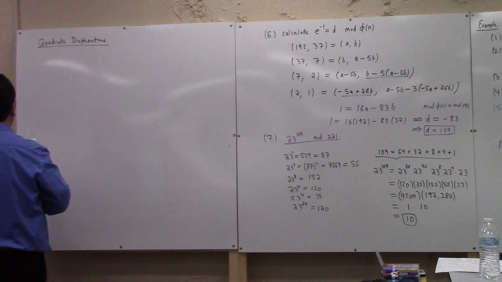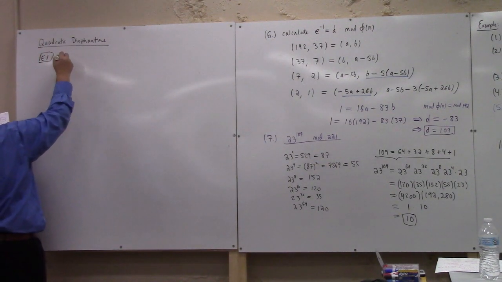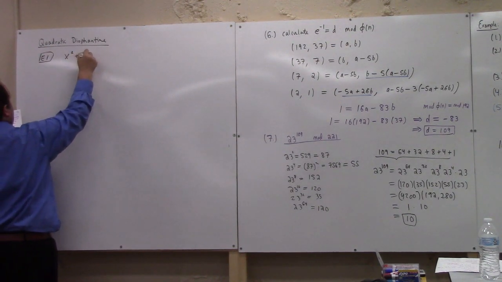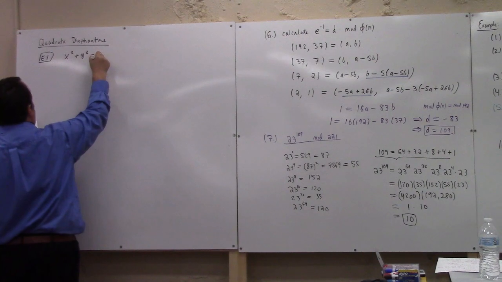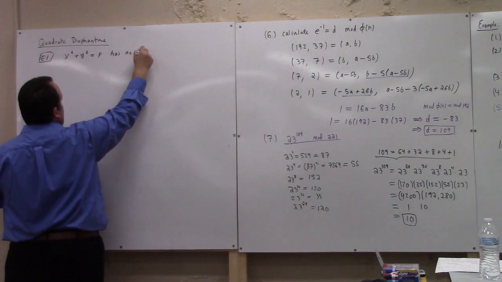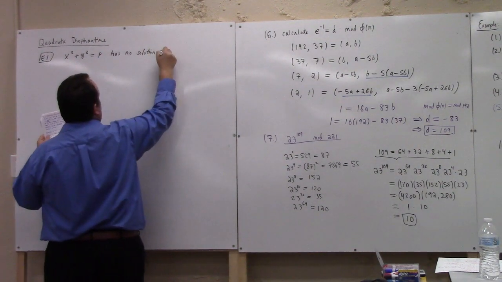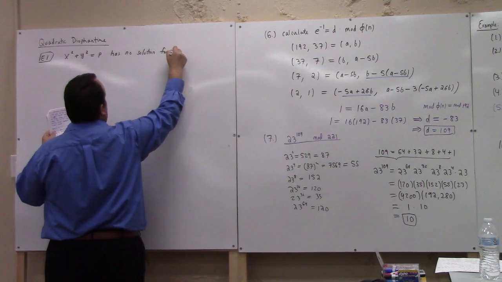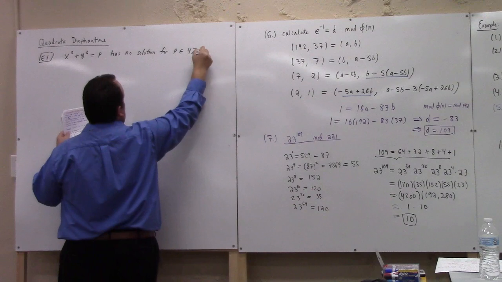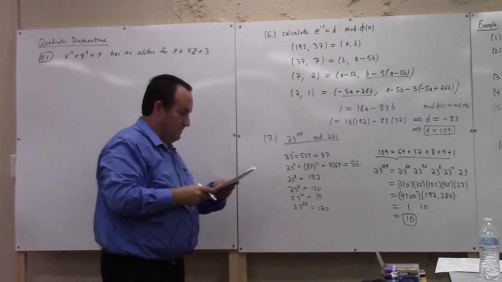All right. x squared plus y squared equals p has no solution for p an element of 4Z plus 3. This is the claim.